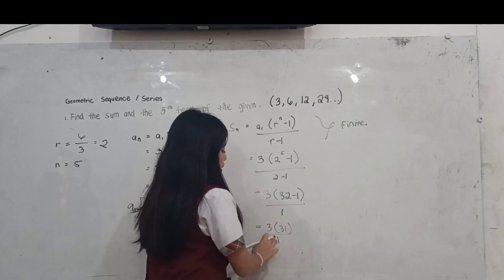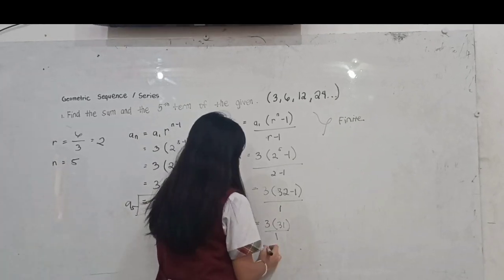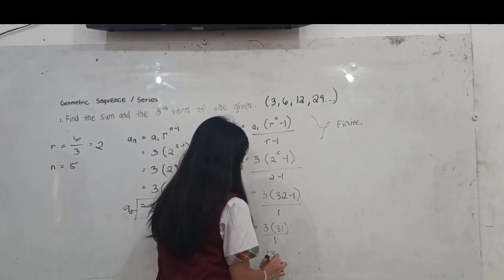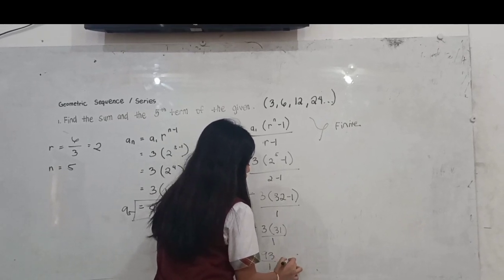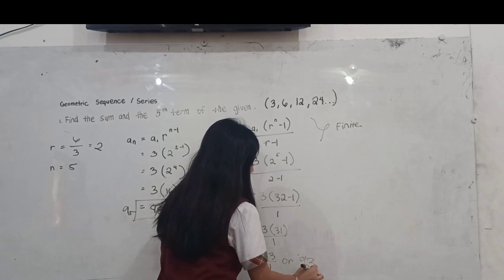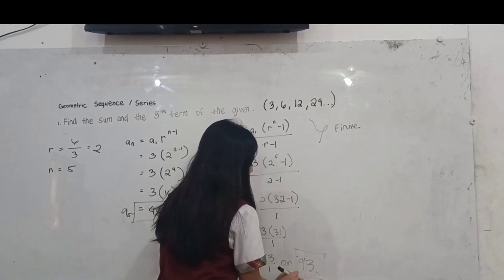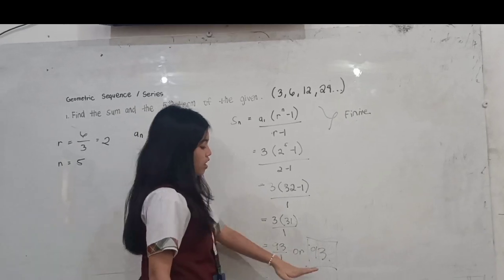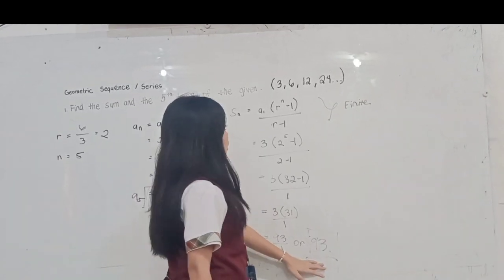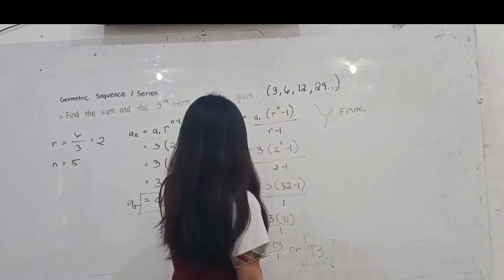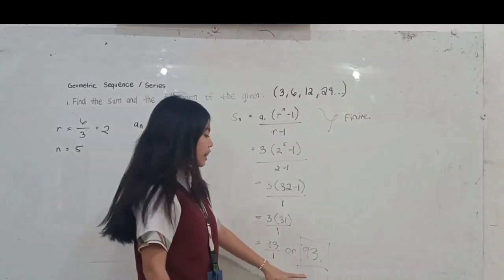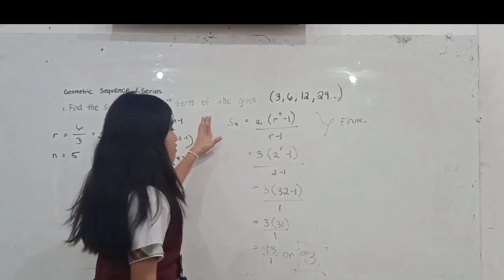So 3 times 31 is equal to 93 over 1, or 93. So this is the sum of the fifth term of the given. Therefore 93 is our sum of the fifth term.